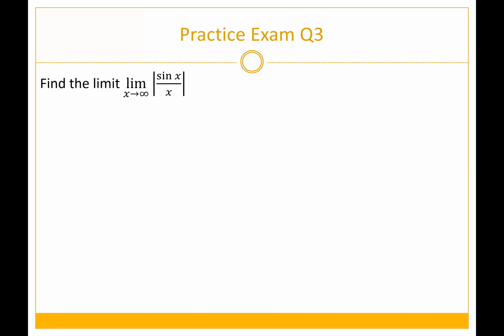I think this question is mainly a review of old knowledge. I don't think it really has much to do with our materials, but we can work on that. So here, x approaching infinity, absolute value of sine x over x.